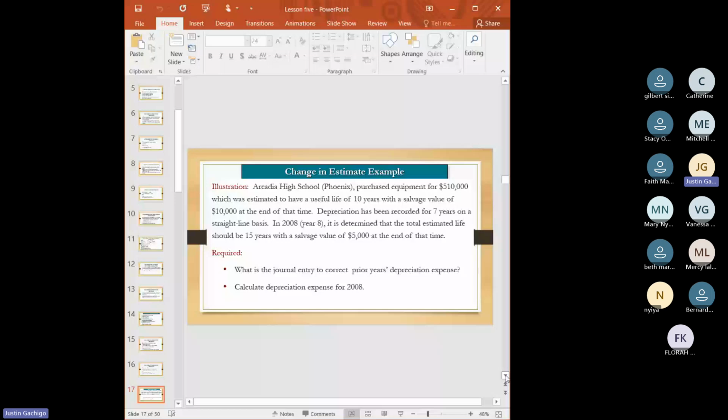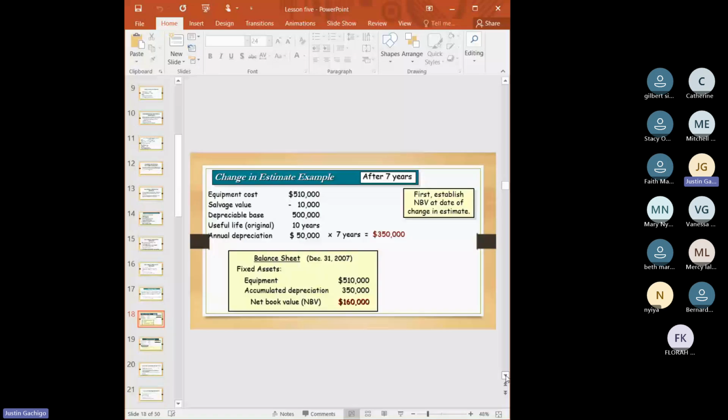Number 1, you have to determine the net book value. You have to determine now at the point of change, what's the net book value? So the equipment cost was 510. You need to less the salvage value. So the depreciable base is 500. Useful life is 10 years. That is the original useful life. Annual depreciation: so how long has it depreciated?